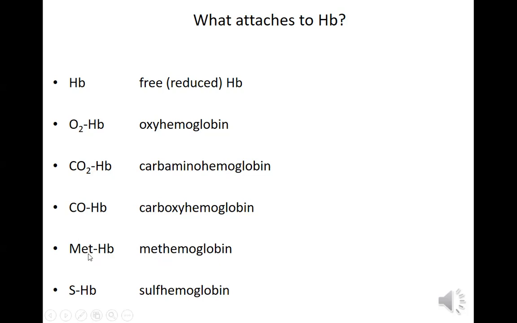Methemoglobin is a reduced form of iron that changes the binding capacity for oxygen on the hemoglobin. We don't have to go into this deeply, but you'll see why this is important. Methemoglobinemia can decrease your oxygen carrying capacity because of the binding issue of those 2 chemicals.